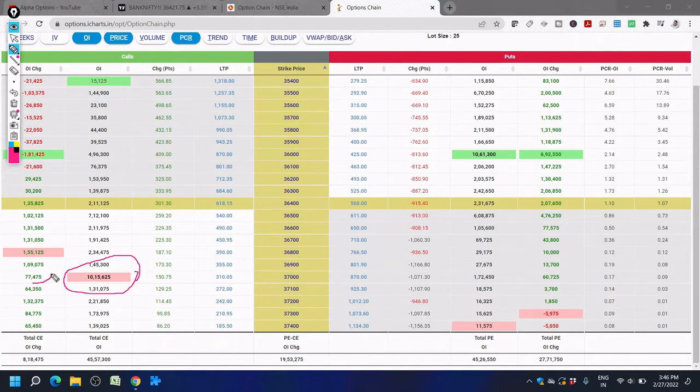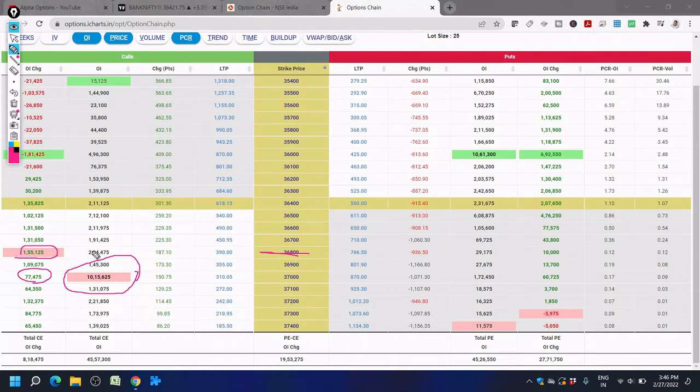OI change is about 77,000. Although the 36,800 OI change was also big, overall open interest was low. So this is something we need to watch out for. 36,800 OI change was pretty high on this.